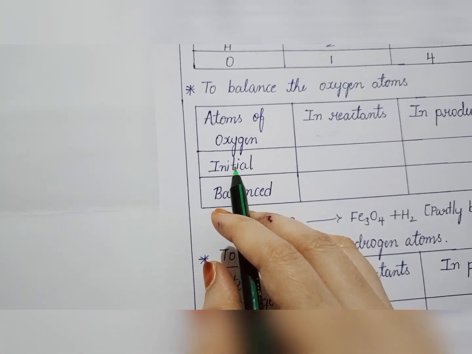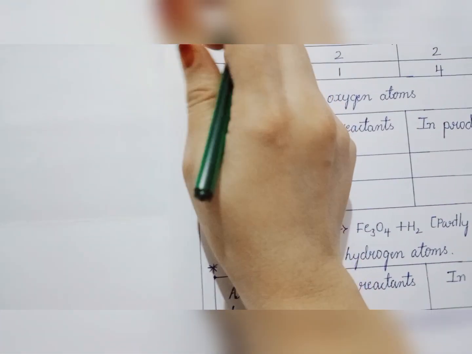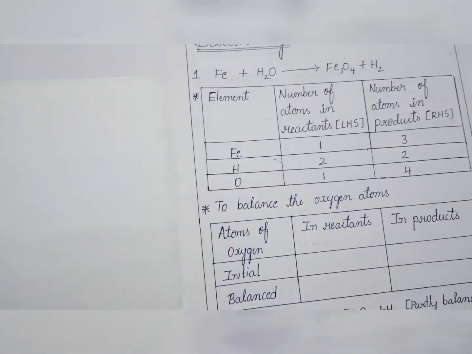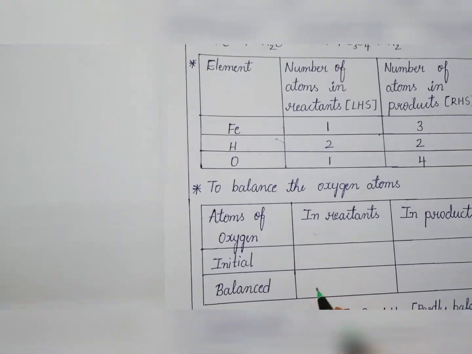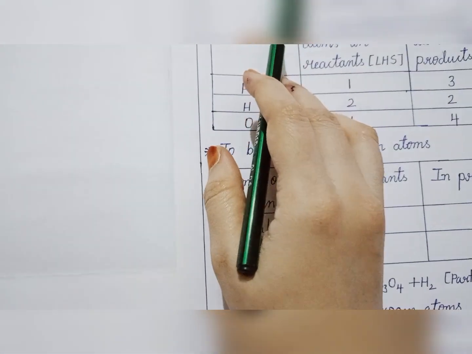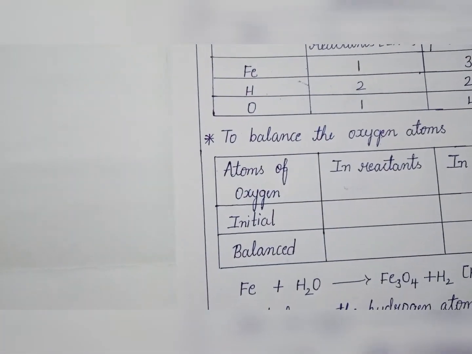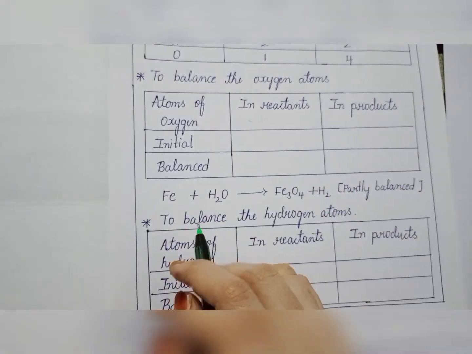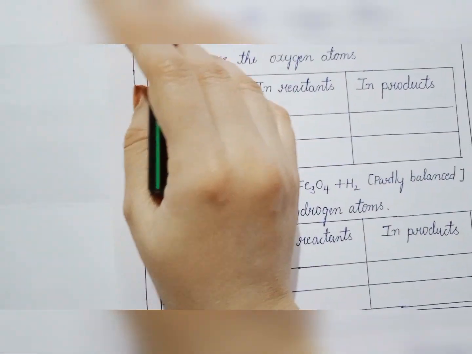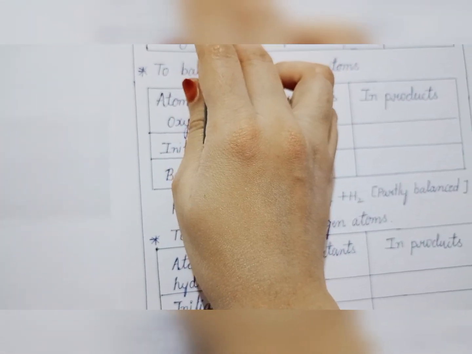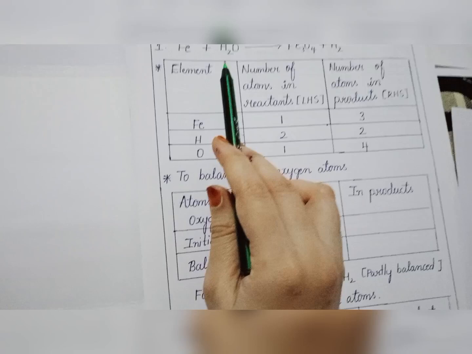First, initially, we should know how many oxygen atoms are present in the reactant side, the left hand side.